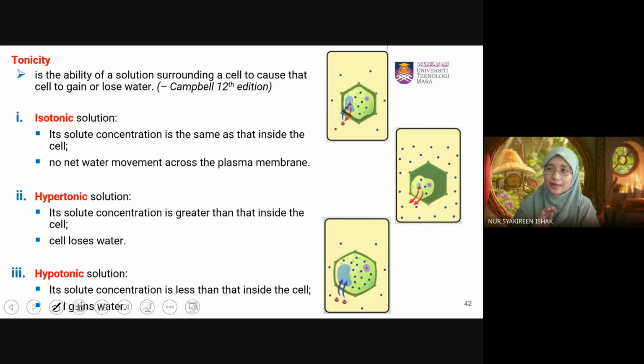So for a plant cell, the normal solution that surrounds the plant cell has to be hypotonic. For animal cells, because they don't have any central vacuole and there's no cell wall, for an animal cell to be able to survive, it has to be in an isotonic surrounding solution.